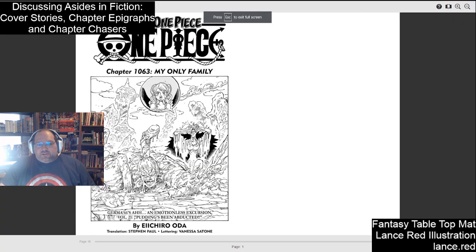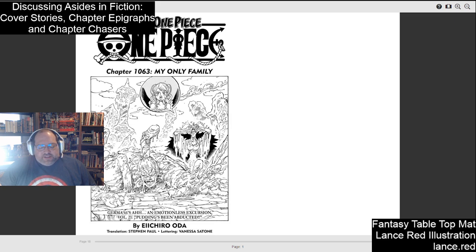One Piece will start a chapter, and we have chapter 1063, My Only Family. So that's the chapter title, and then we have a title here for what's happening on the page. We got Germa 66 an Emotionless Excursion, Volume 21, Pudding's Been Abducted. And we have Cracker here, who has been frozen, and I'm totally blanking.